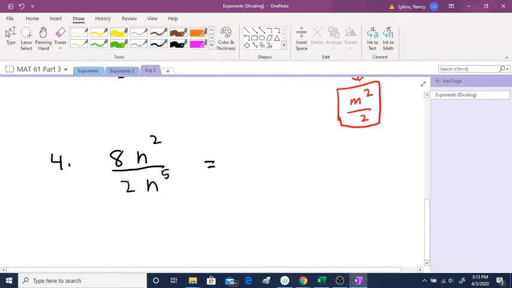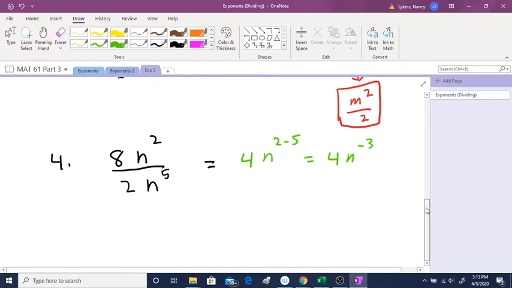One is 2 goes into 8 4 times, but then you would say n, and then you'd say 2 minus 5. 4n to the negative 3.